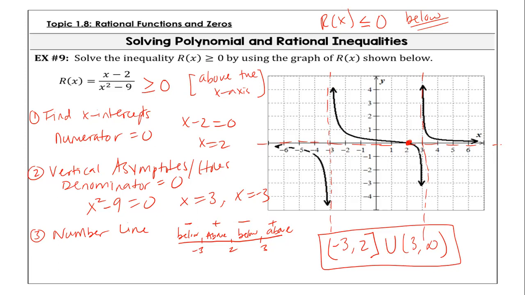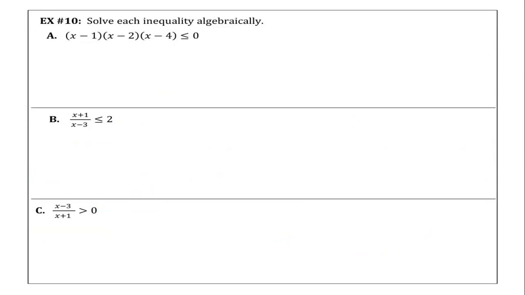Okay. All right. Our next example is going to be without a graph. So we have x minus 1 times x minus 2 times x minus 4 is less than or equal to 0. So what type of values are we looking for?